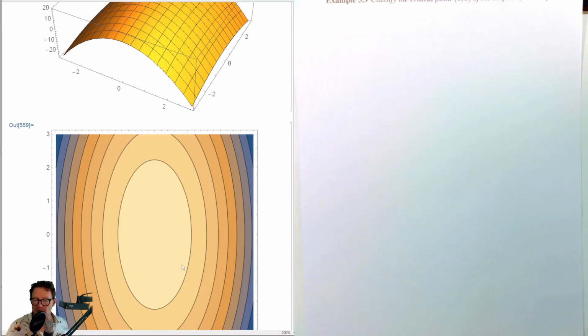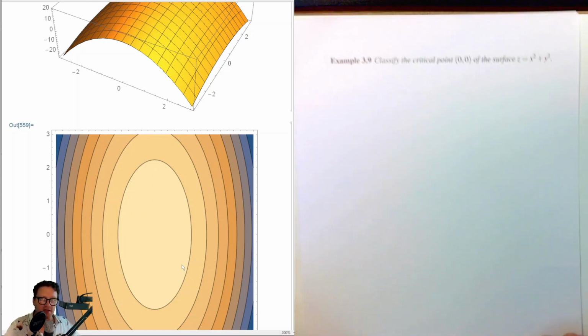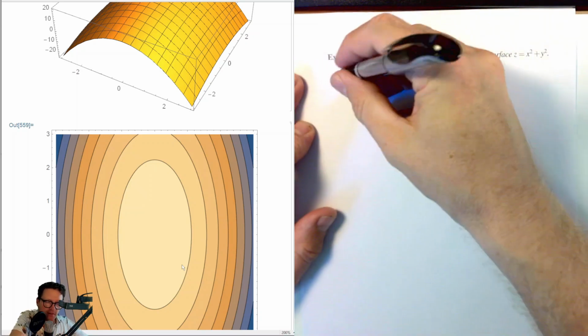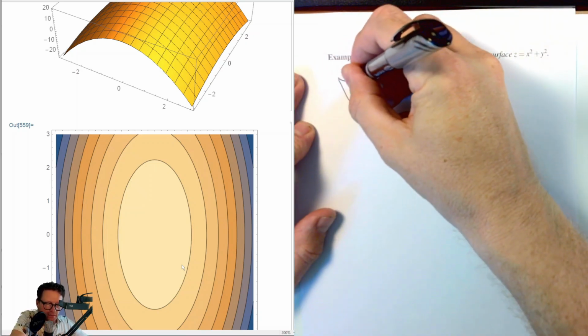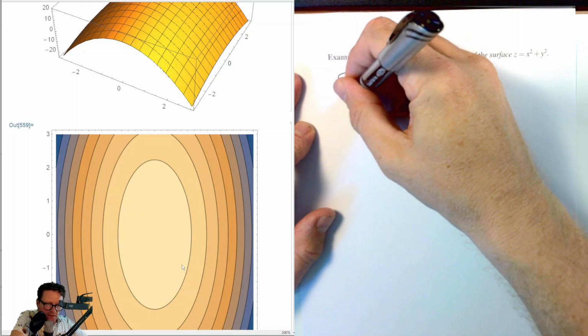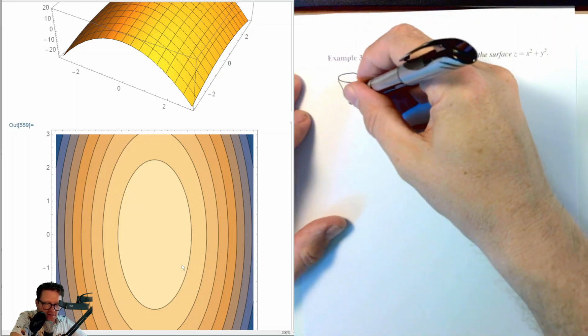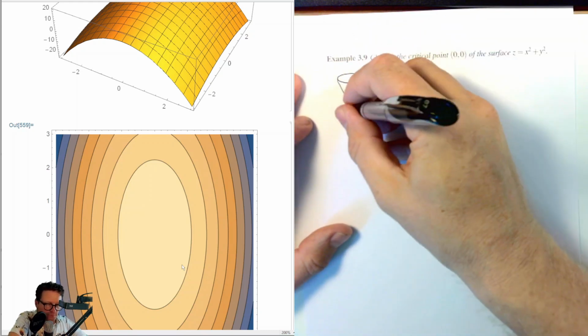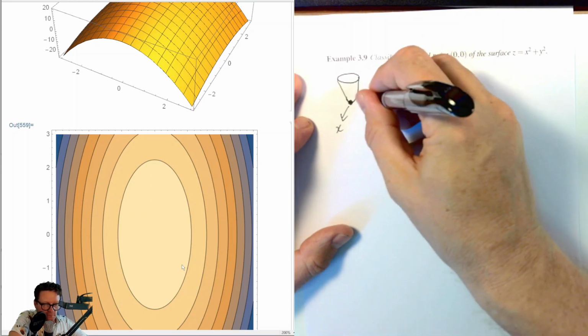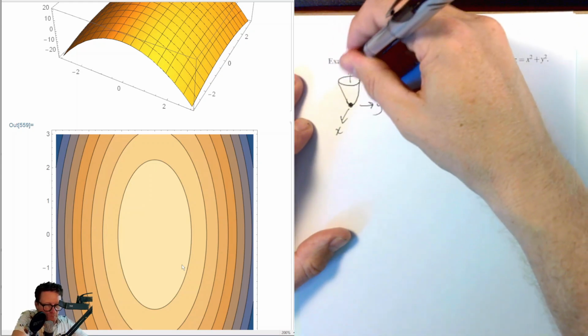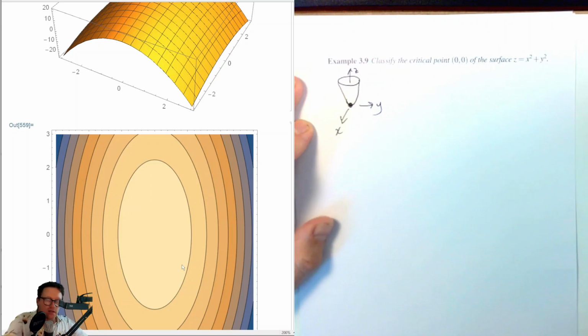All right, so now we're going back to classifying that point. Now remember, it looked like this, right? So we already know that this is a minimum. But we're going to use mathematics to classify it.